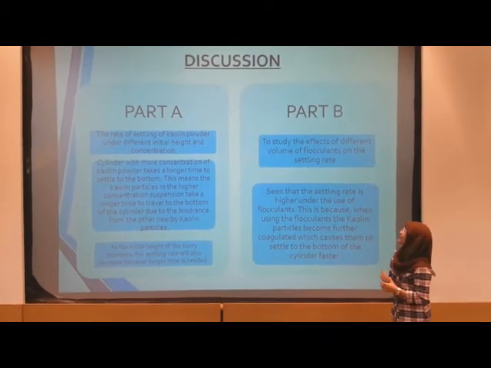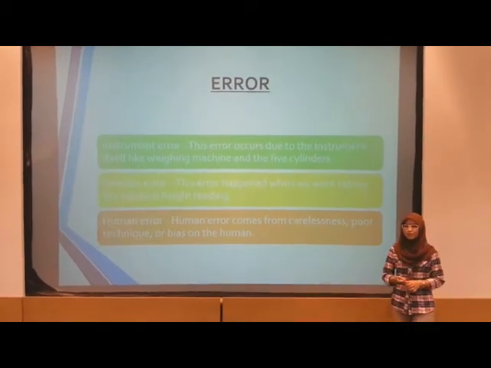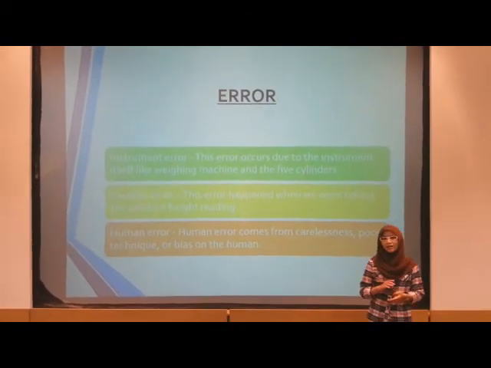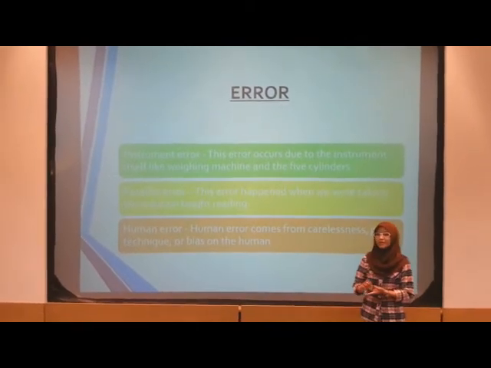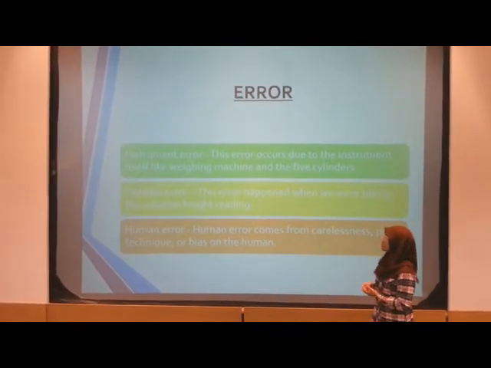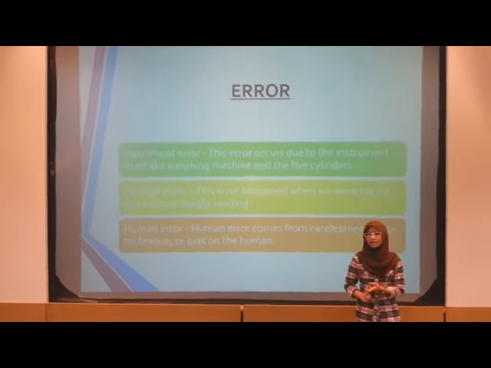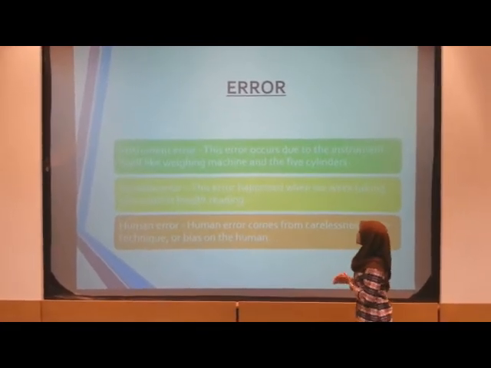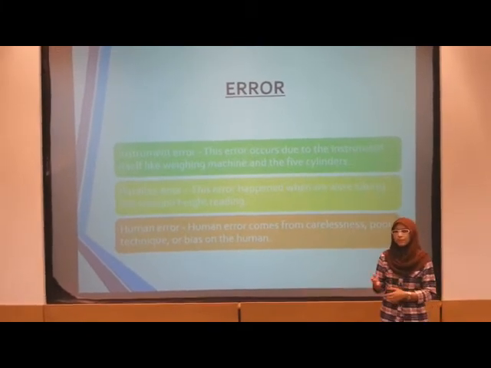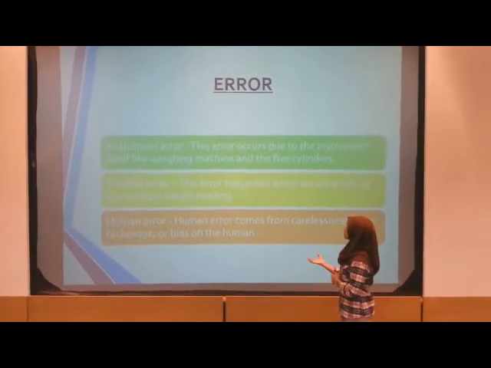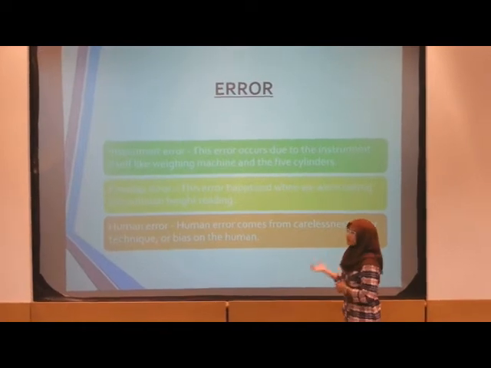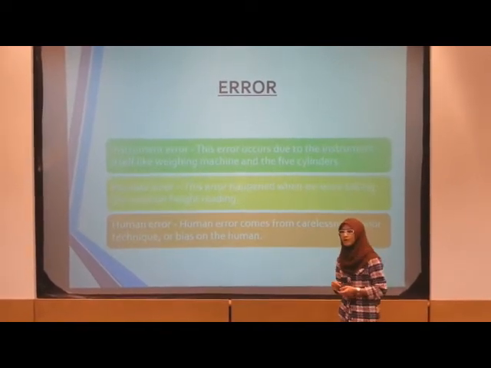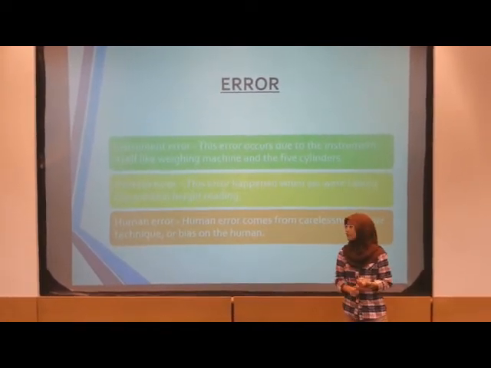So next. In our experiment, we got 3 errors, which are instrument error, parallax error, and human error. Instrument error is maybe due to the weighing machine that we used to take the volume of kaolin and flocculant.